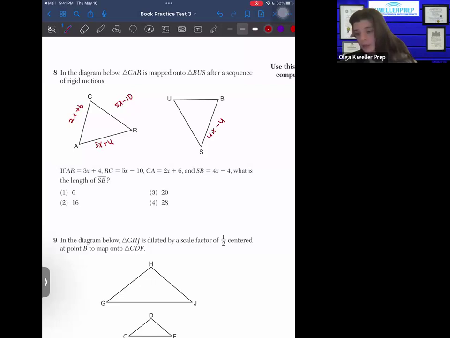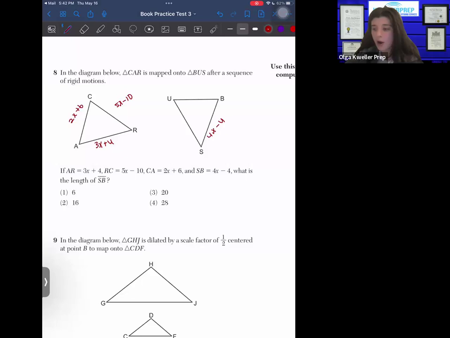Okay, what are they saying here? What is the relationship between these two triangles? What does this mean?